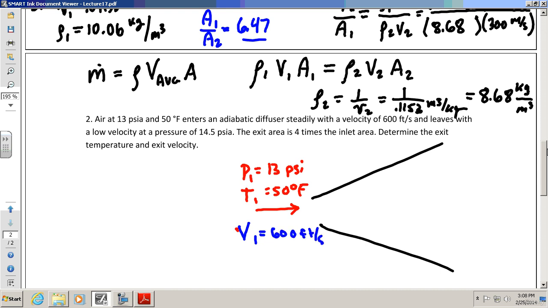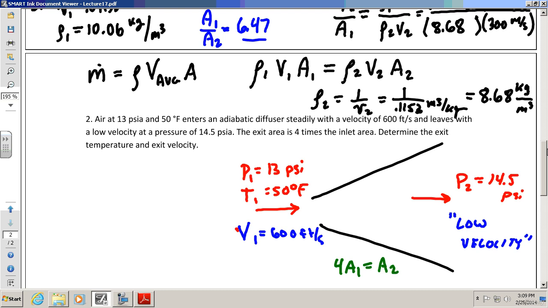It's leaving with a pressure P2 of higher, 14.5. You don't know the temperature. It says the velocity is low. And the exit area is 4 times the inlet area, so 4 times A1 equals A2. Okay?